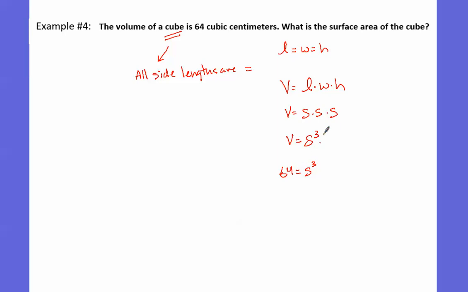The reason why we need this is because we need to know the surface area of the cube, which means we have to find the length of each side. We would then cube root each of these, and 4 would equal the side length of our cube. So basically you have a cube where every length is going to be 4.